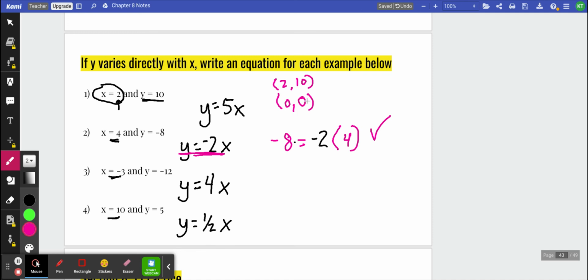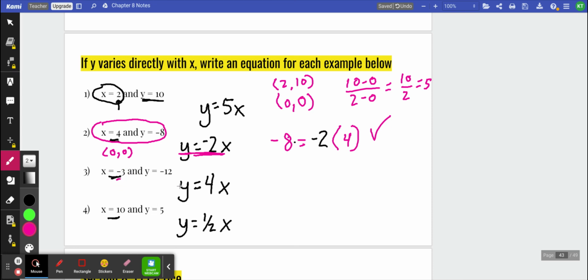So if I use my slope formula, my two y values are 10 and 0, and my two x values are 2 and 0. So that would be 10 over 2, which equals 5. So there's my slope. Even though it only gives us one point on the line, we also know that 0, 0 is the other point, and that's how we can calculate the equation for that line.